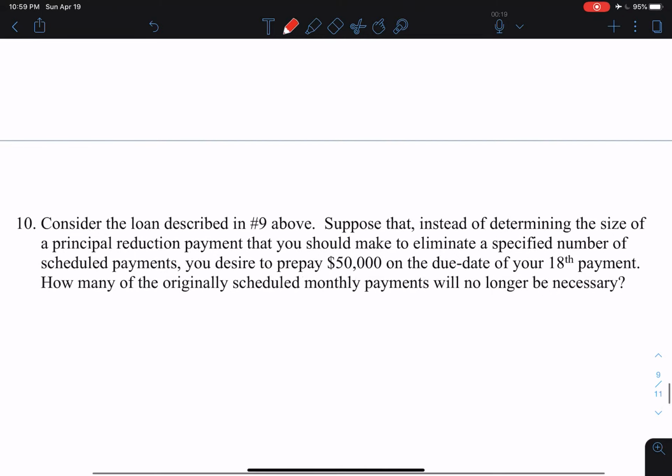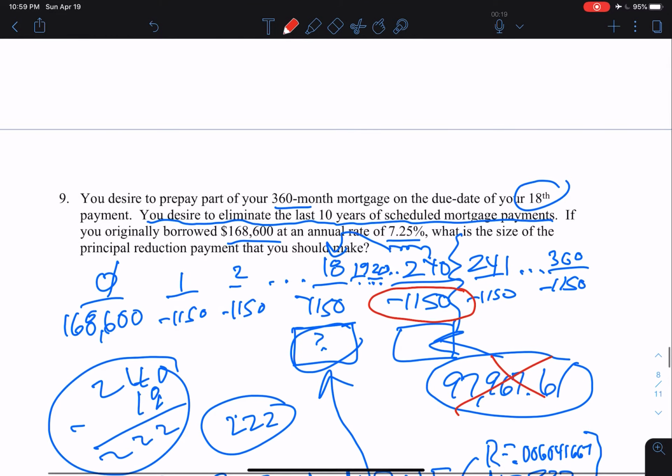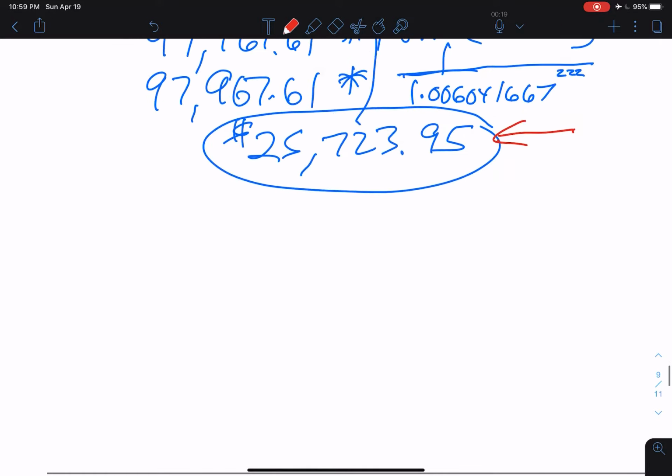And I want to start by noting what we did last time in question number 9, because number 10 relates to number 9.